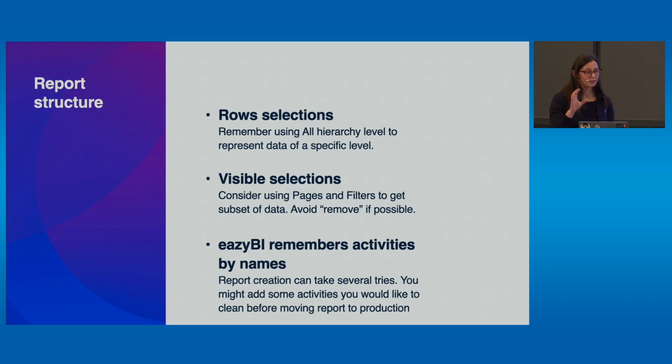If you would like to see data on a specific level, use this level, especially if it's a different kind of hierarchy with many levels, as in this suggested approach. And consider using visible selections so that, even if the report does fail, you can quickly see what parts you might like to fix.